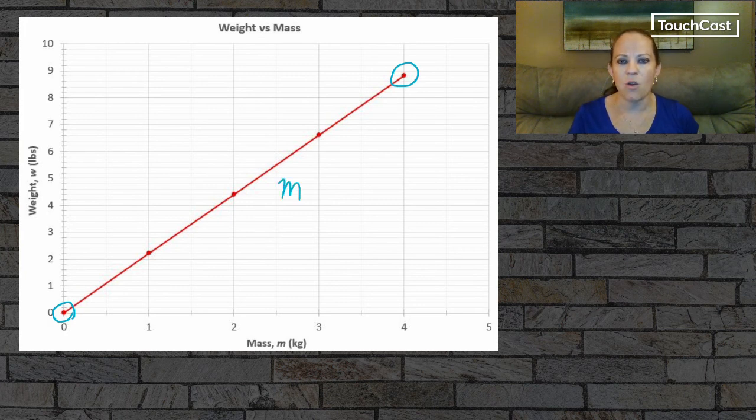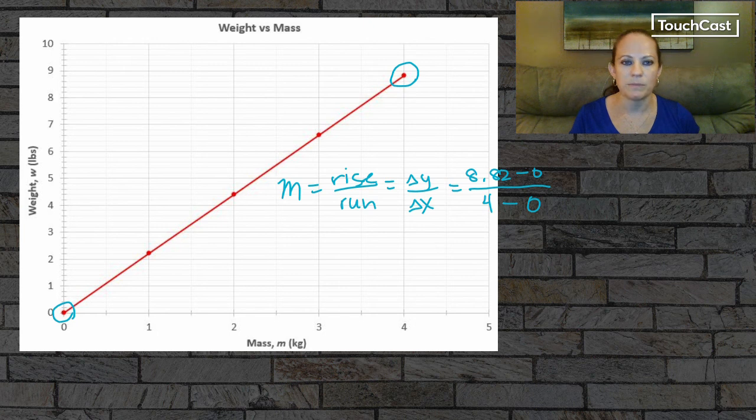To get the slope, we will do rise divided by run, which is our change in our y-axis variable divided by the change in our x-axis variable. So our y value ends at 8.82 and it started at 0. And our x-axis variable ended at 4 and started at 0. This gives us a value of the slope of 2.205.